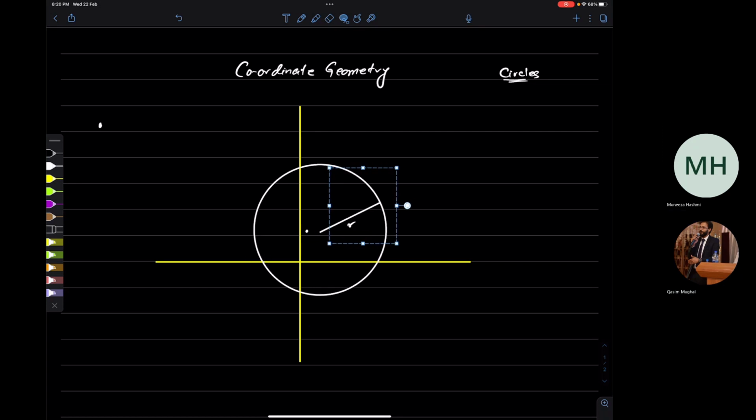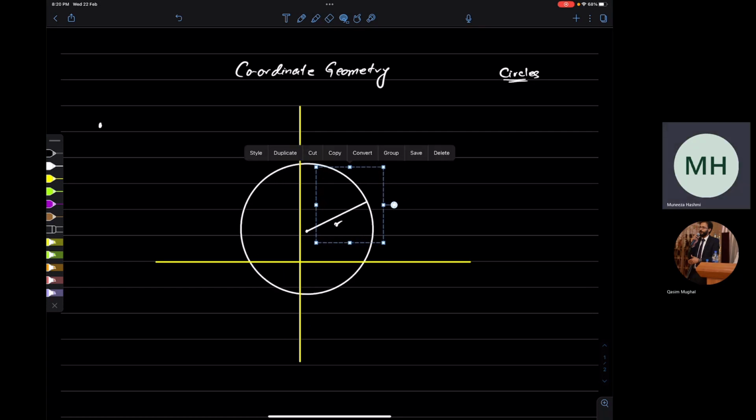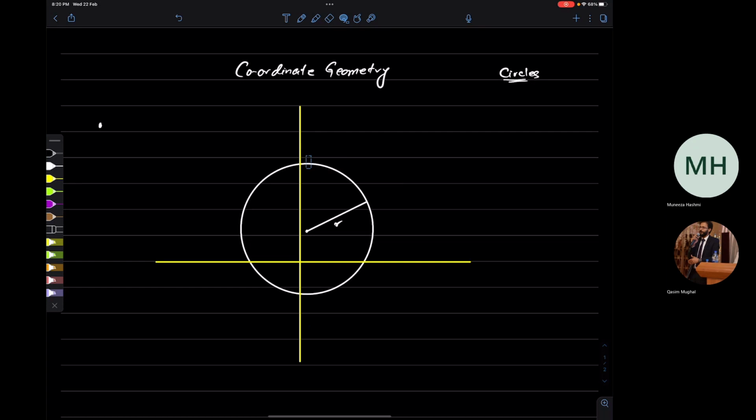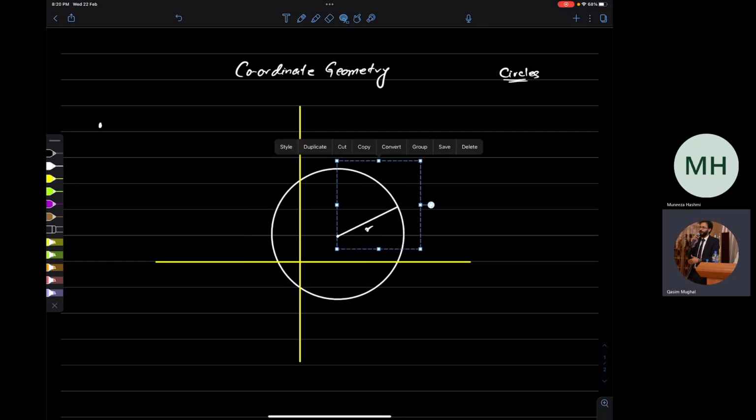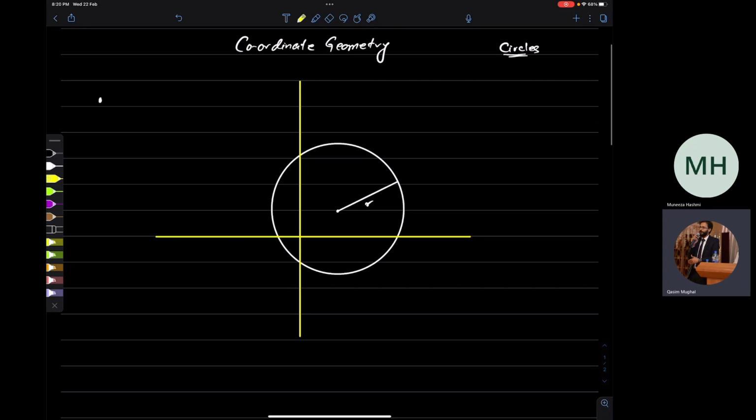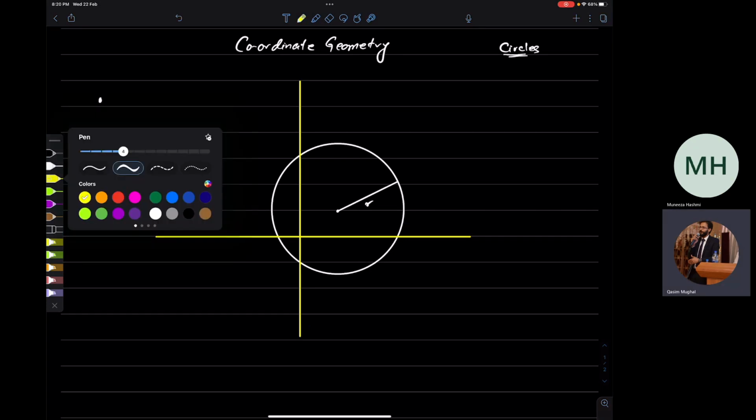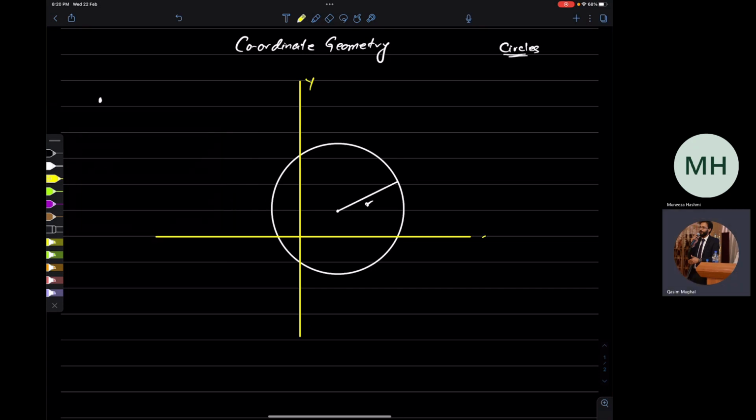This circle is going to have an equation just because I have drawn it in a Cartesian plane where I have the y-axis and the x-axis.